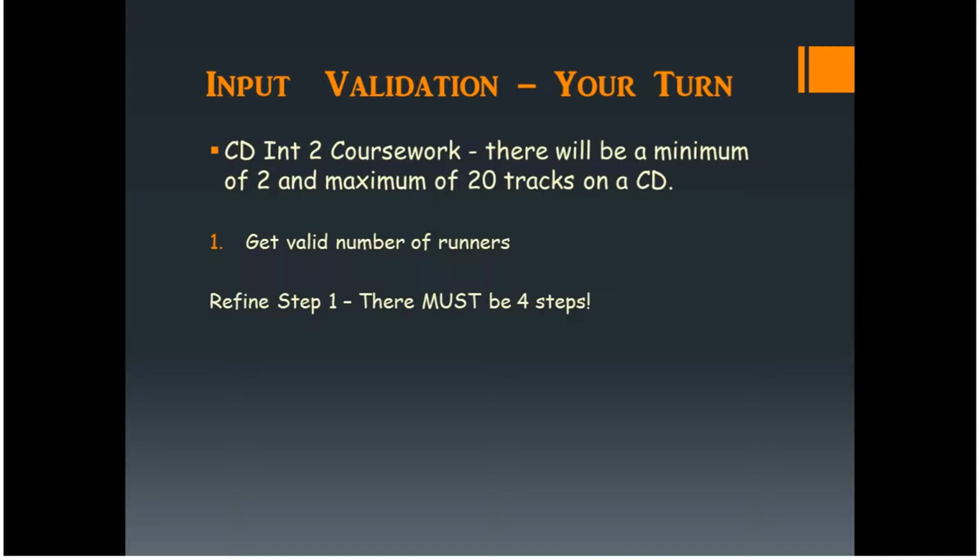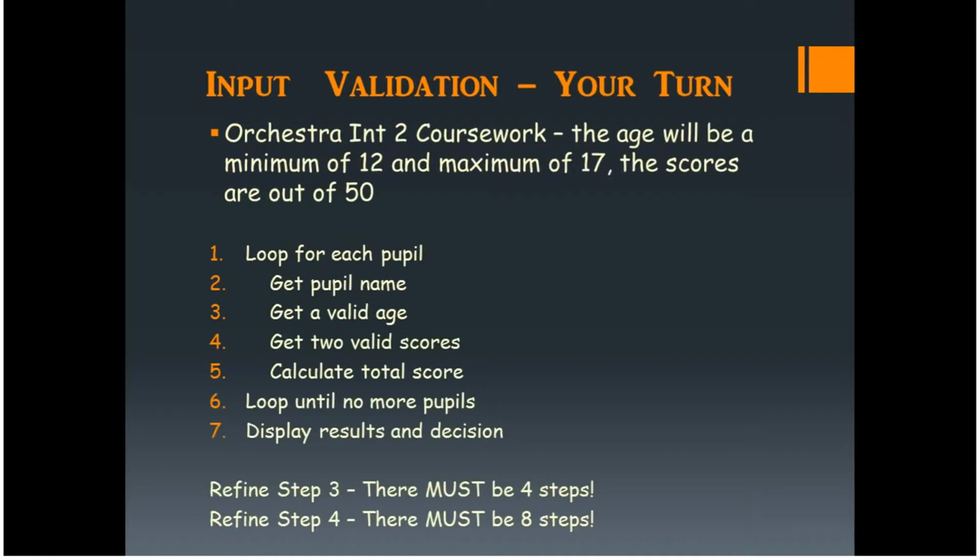There must be 4 steps and only 1.1 and 1.2 change. 1.3 is display error and reprompt and 1.4 is end while. So it's only 2 steps that change. So if you could work through that.